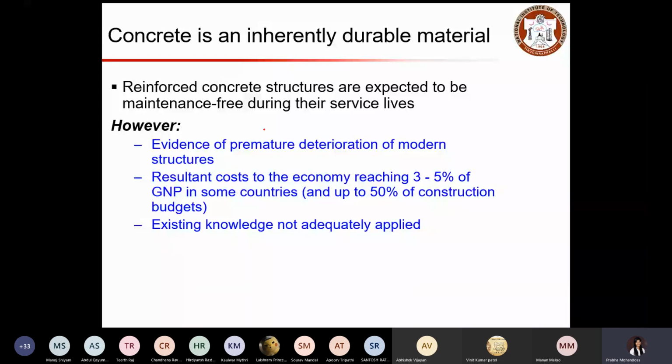Imagine when you account for other deterioration mechanisms, the cost goes significantly higher. The reason behind these repair works and frequent maintenance works is that we lack knowledge on the durability aspects of concrete.